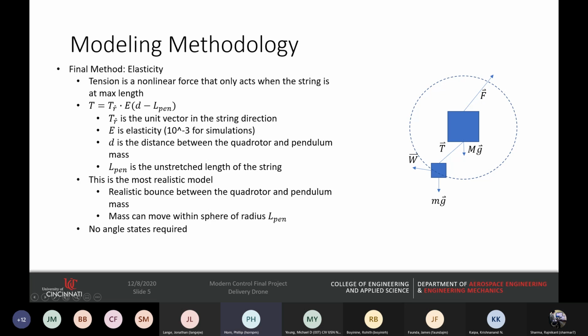So this is the most realistic model. You can see it bounce if you were to decrease the elasticity here to be very small, or to be very large, but the mass is able to move anywhere within the circle of the length of the string, and no angle states are required. So it simplified things drastically, and this is what our whole simulation is based on.